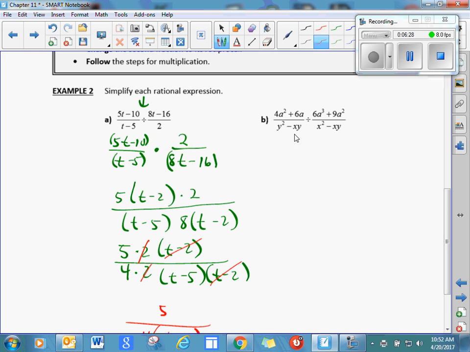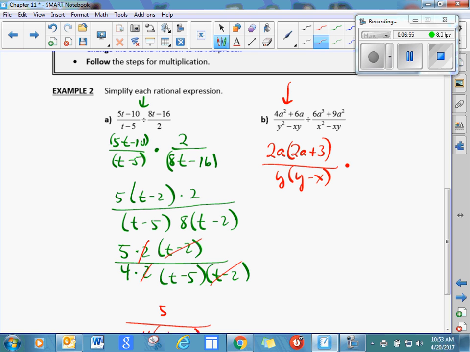Again, we're going to make this a multiplication problem, but I'm going to go ahead and factor at the same time as I'm flipping, save a little space and a little time. So I'm looking at this first factor right here. I see that I can factor out a 2a. That becomes 2a plus 3. And in the denominator of my first fraction, I can factor out a y to the first power, and I get y minus x.